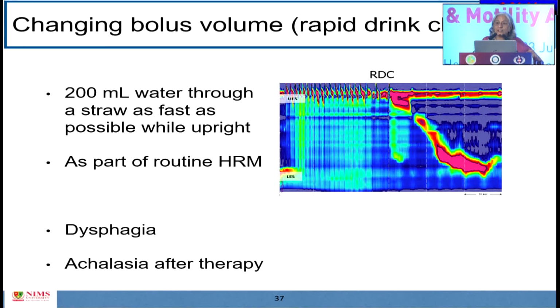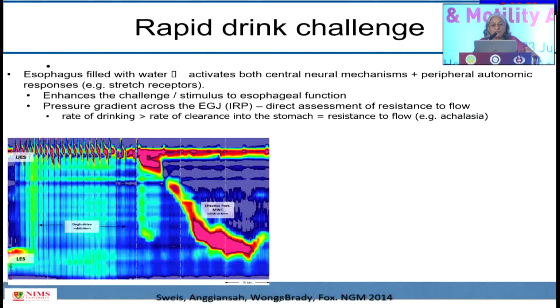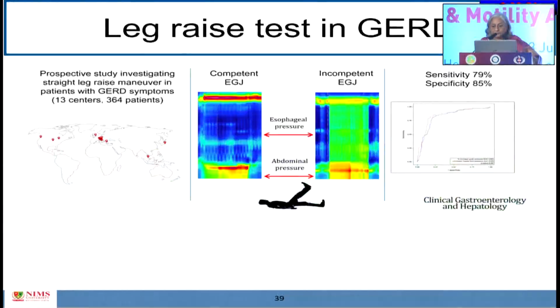Because if you challenge the esophagus, there are certain obstructive patterns which you will see, and that will tell us whether there is a true obstruction or the EGJ obstruction that you found is really not there. Secondly, in patients with achalasia with a normal IRP, this is a very useful test. As you can see here, this patient eventually turned out to have achalasia.